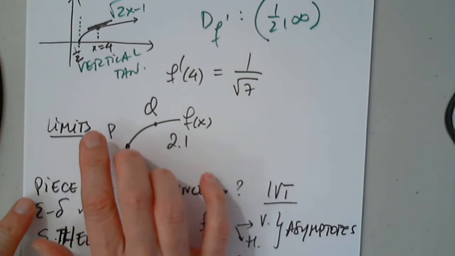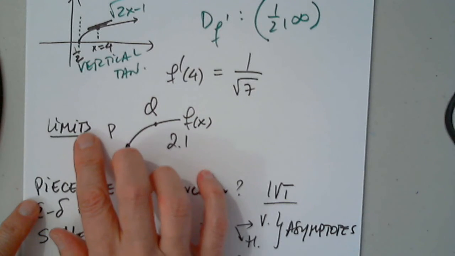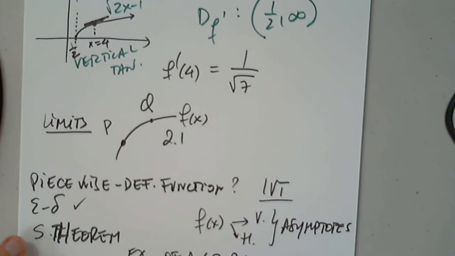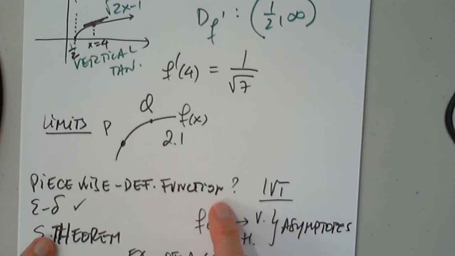So let me just say, we can go back to limits of all types with the 3 indeterminate cases, infinite limits, and so on and so forth. Graphing a piecewise defined function, identify when it's continuous or not, or differentiable or not.